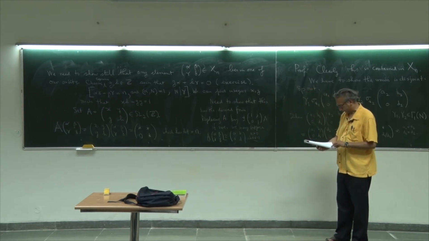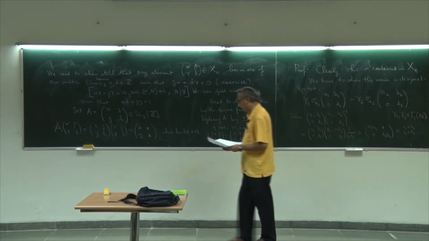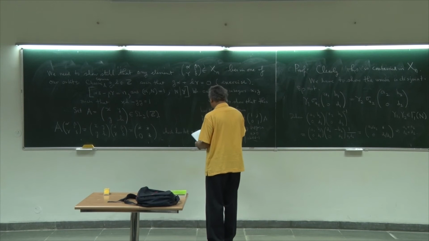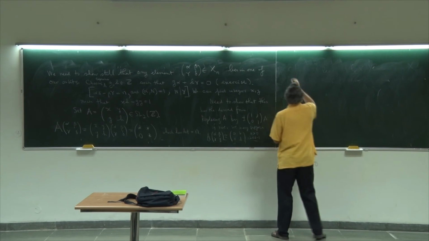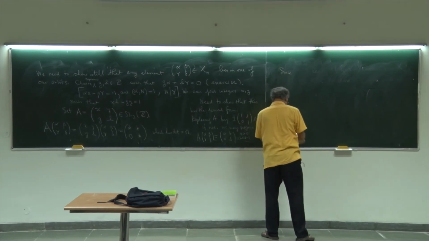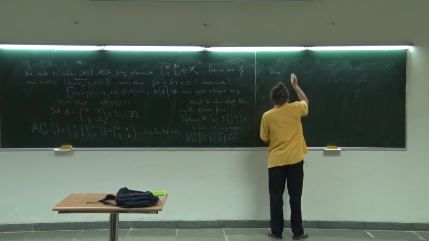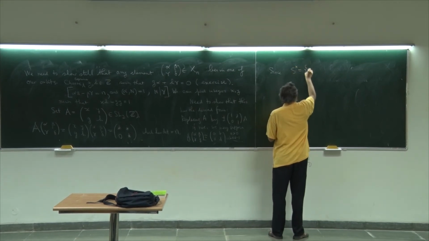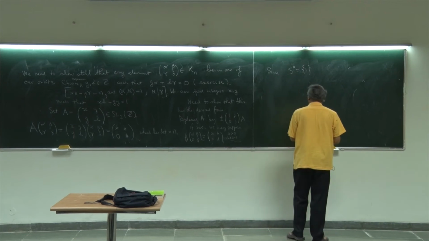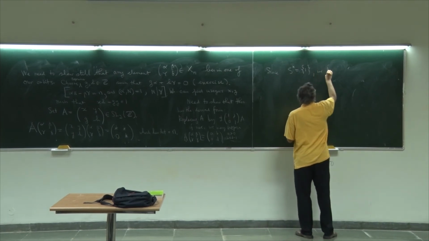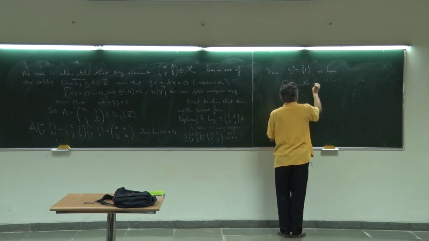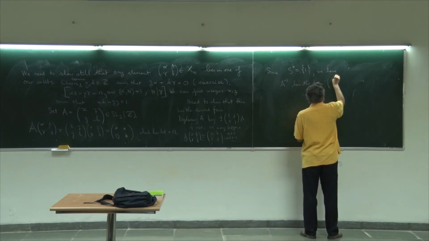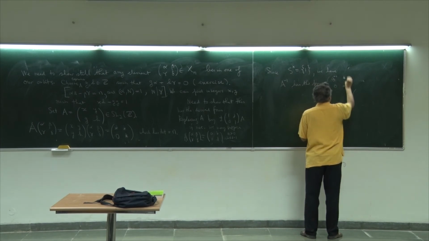And since S cross in our case was just the trivial group, we have that A inverse has the form A inverse star 0 A modulo n.